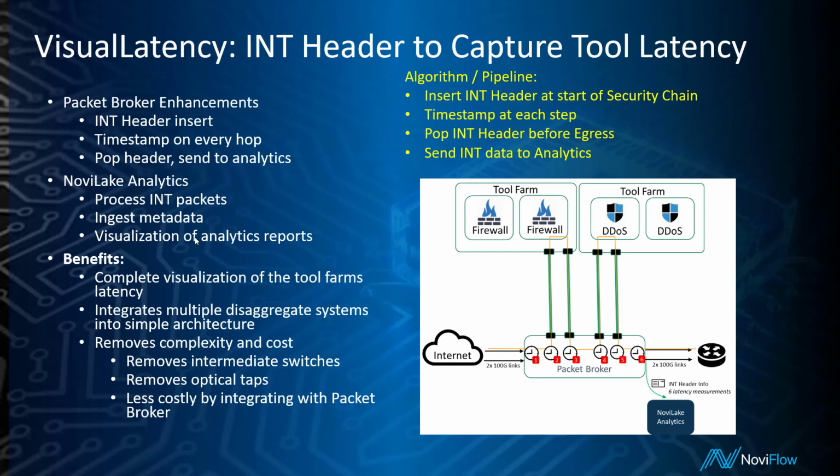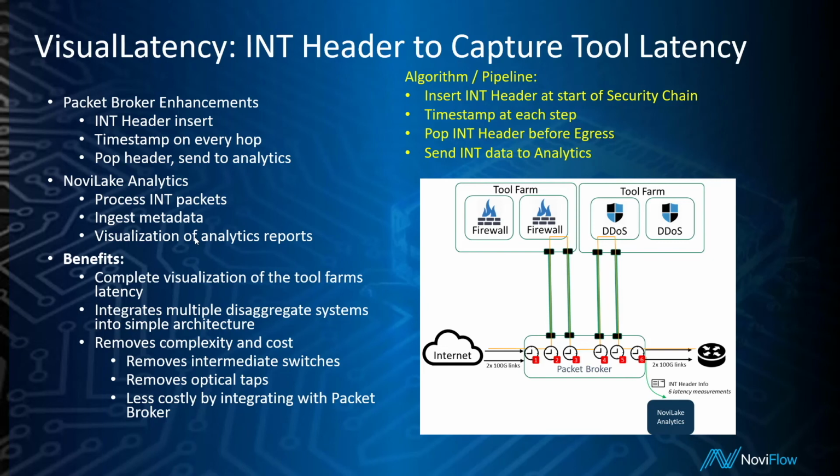One of the things we saw was that the packets going through these tools could start to add a lot of latency as you added rules or they became loaded. So the question was, how can we measure that and provide feedback to our customers about what's happening in their tool sets?